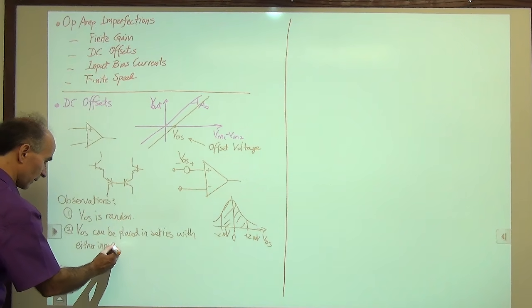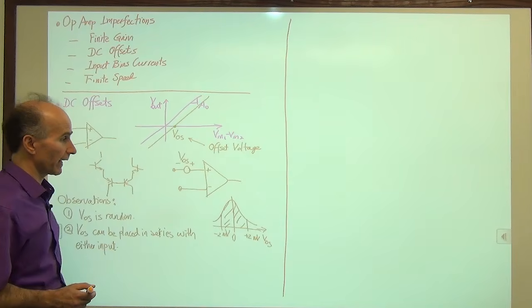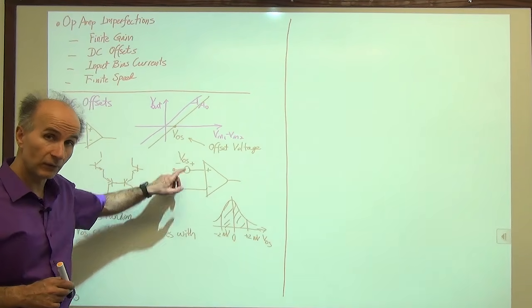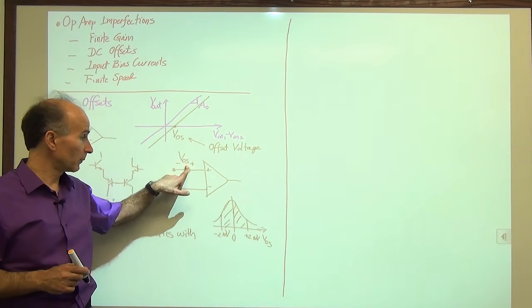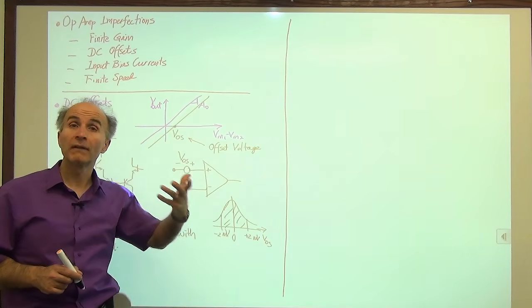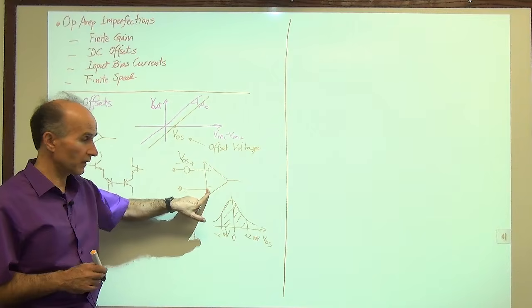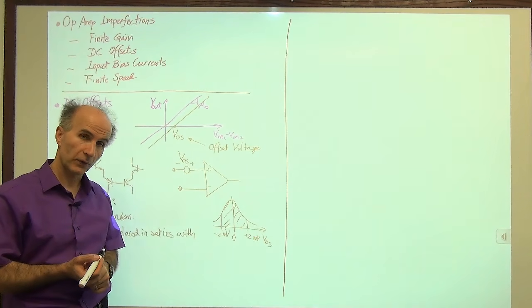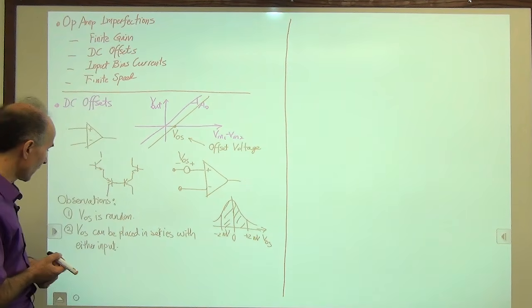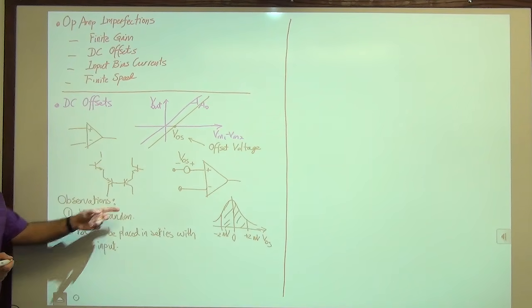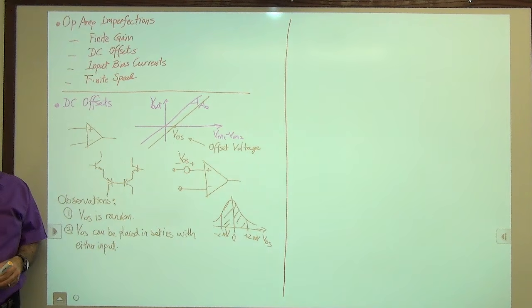In fact, when we are analyzing circuits including the offset voltage, we pick the terminal that's more convenient for analysis. We might place it in series with this one or this one, depending on what the circuit is doing. So it's important to remember these things about the offset voltage.